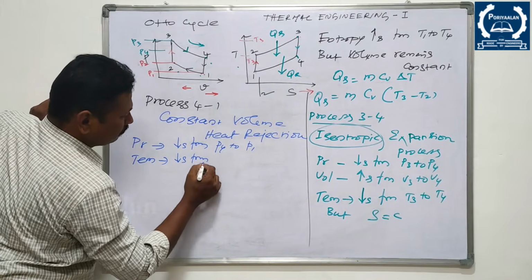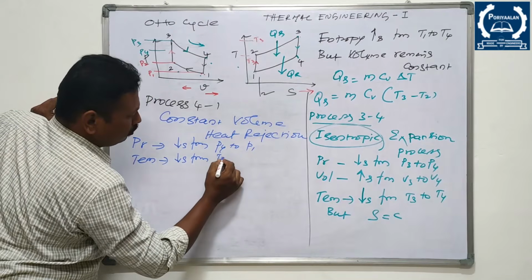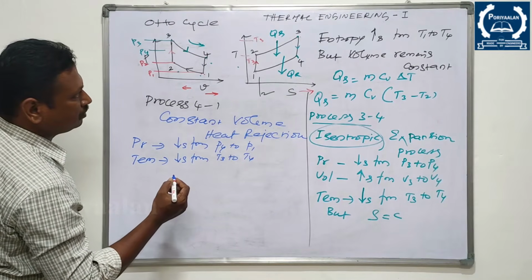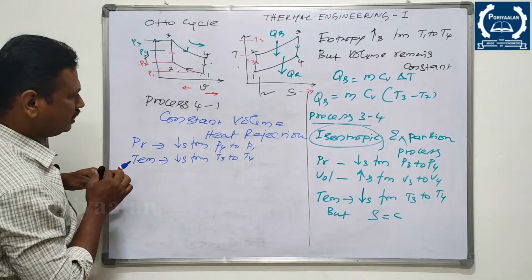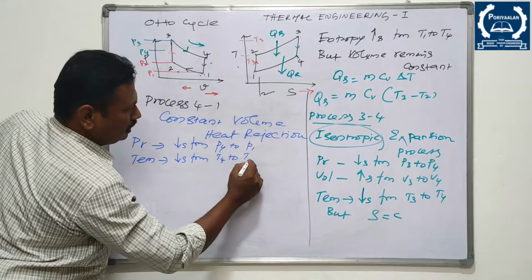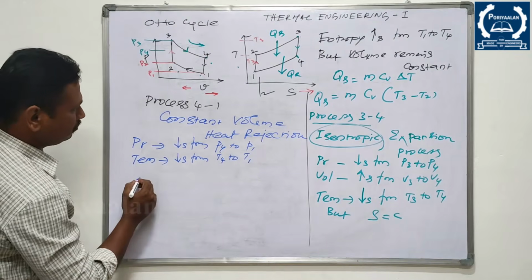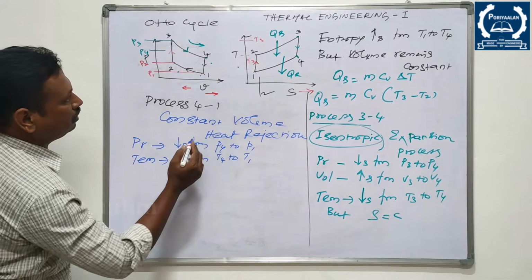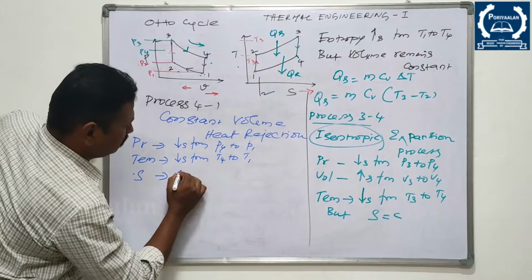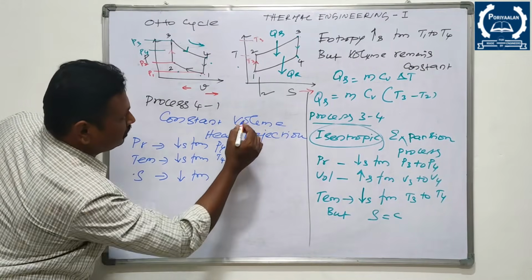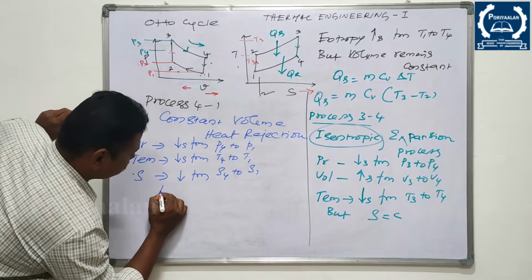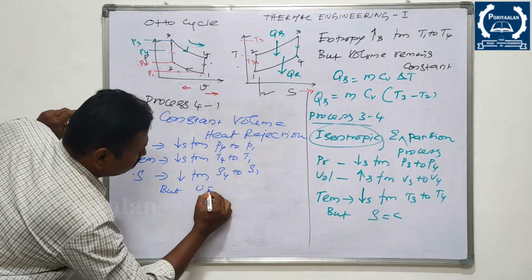Temperature decreases from T4 to T1, and entropy also decreases from S4 to S1, but volume remains constant.